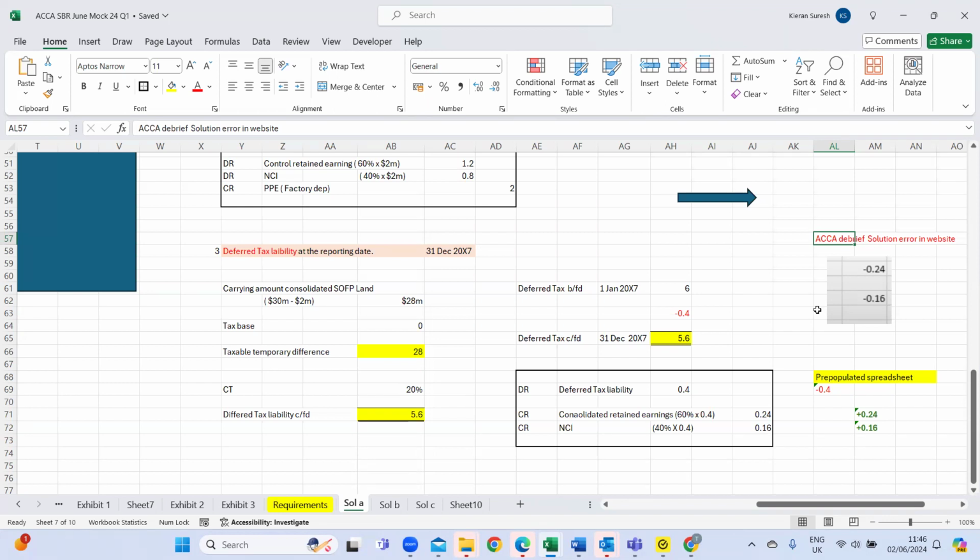Right, that's done. So I just need to go back again to increase this 0.24.